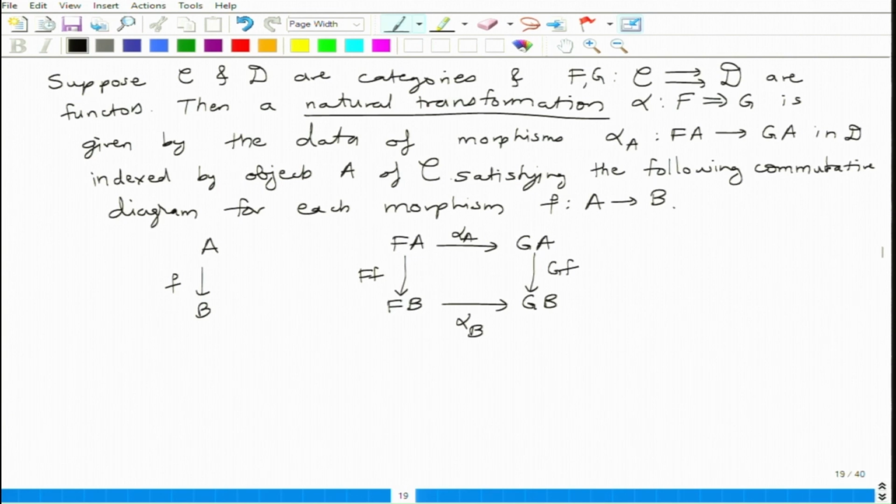Okay, so this is what a natural transformation constitutes. So let me write this: Gf composed with alpha A is equal to alpha B composed with Ff. This is the commutativity. You can start at FA and end at GB, and there are two different ways to go, either via GA or via FB, and those two ways are the same. That is the meaning of a commutative diagram.